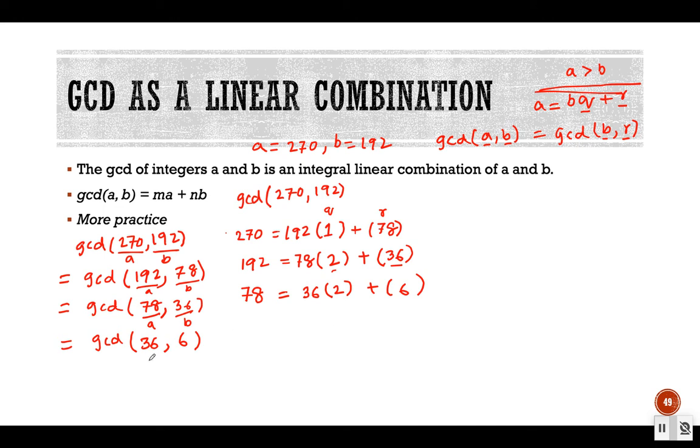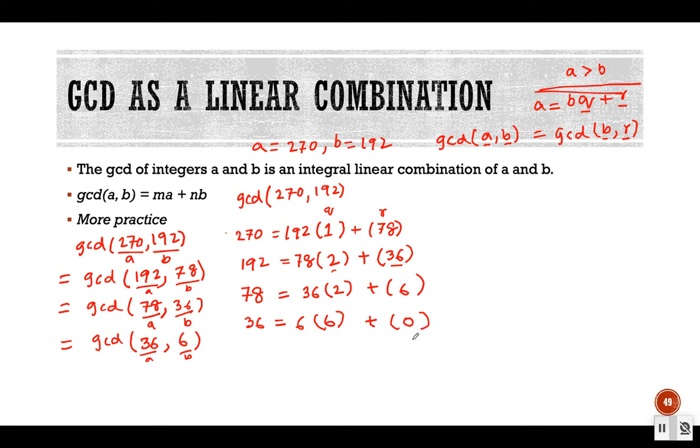Again consider that as A and B. So I can represent 36 as 6 times something plus something. Here 6 times 6 is going to be 36, and the remainder will be 0.